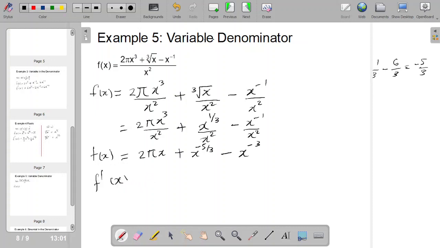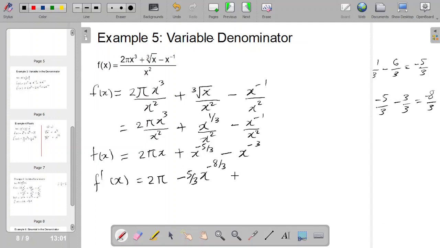So f prime of x will be that 1 multiplied by 2 pi, it's 2 pi, and 1 minus 1 is 0, x to the power 0 is 1, plus here, if you look at this, you'll have minus 5 over 3, so in fact you'll have negative times positive, which is negative, and then you'll have 5 over 3 because it's times 1, x to the power, you can do what we did, minus 5 over 3 minus 1, which is 3 over 3, so that's minus 8 over 3.